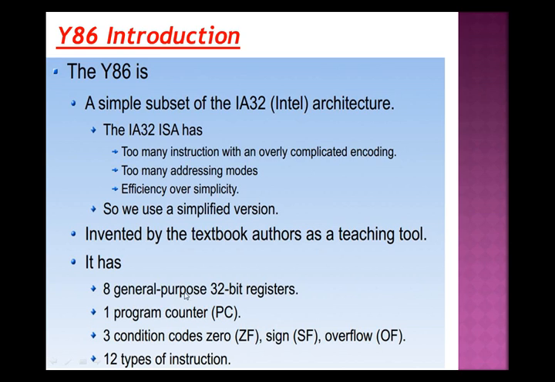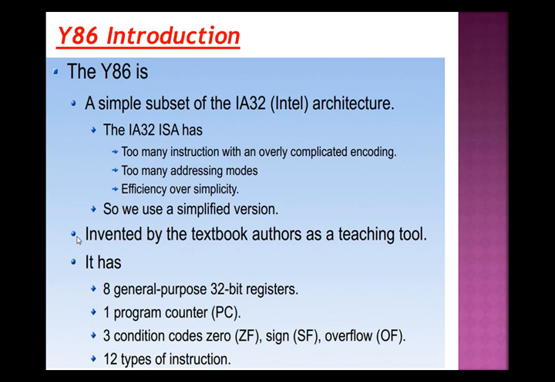It has 8 general purpose 32-bit registers. So Y86 is of 32-bit register and it contains 8 general purpose 32-bit registers. There is one PC, that is program counter, for taking the address for the next instruction.